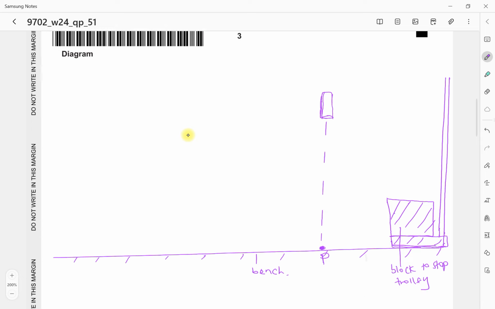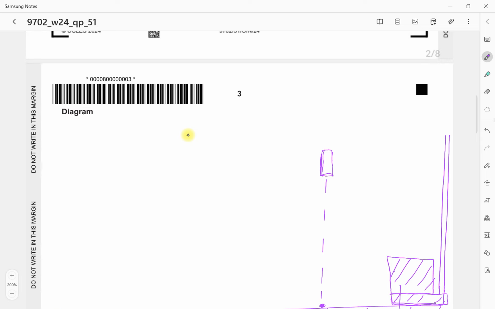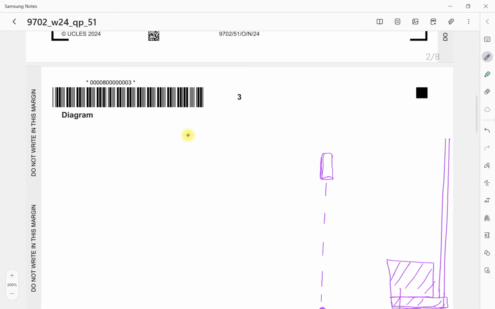On this block, because I don't have enough space, I'm going to put the timer on this block.